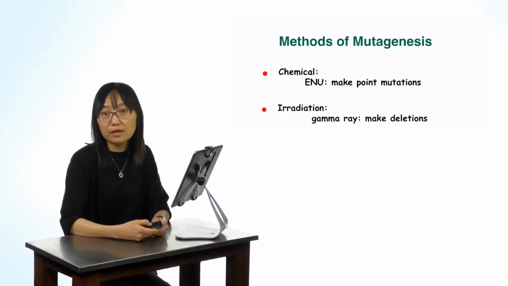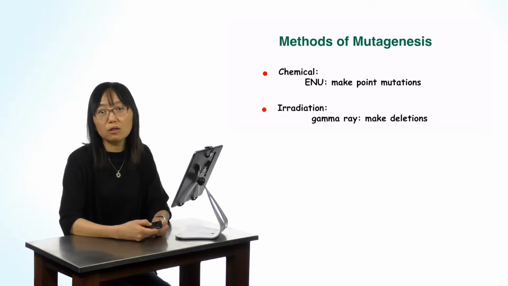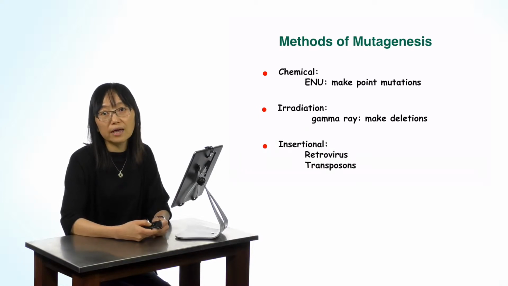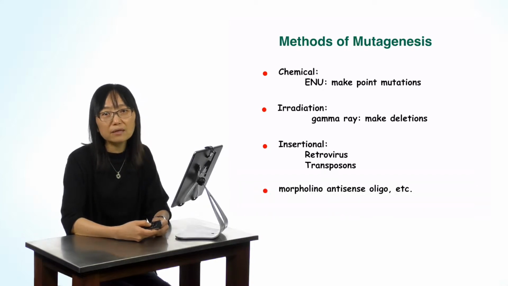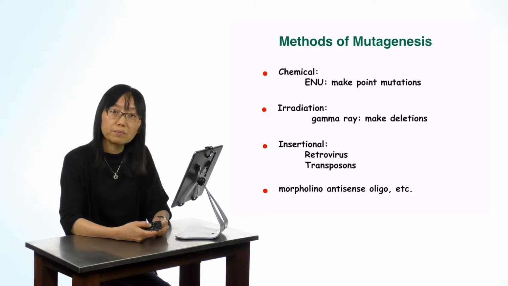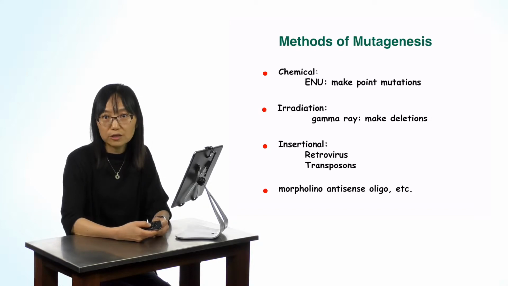You can use radiation treatment to create a large deletion or rearrangement of chromosomes. You can also use retrovirus or transposons to create insertions. Furthermore, with the new molecular tools and the completely sequenced genome, you can systematically knock down or knock out genes by morpholino-modified antisense oligonucleotides or CRISPR-based genome editing technology.